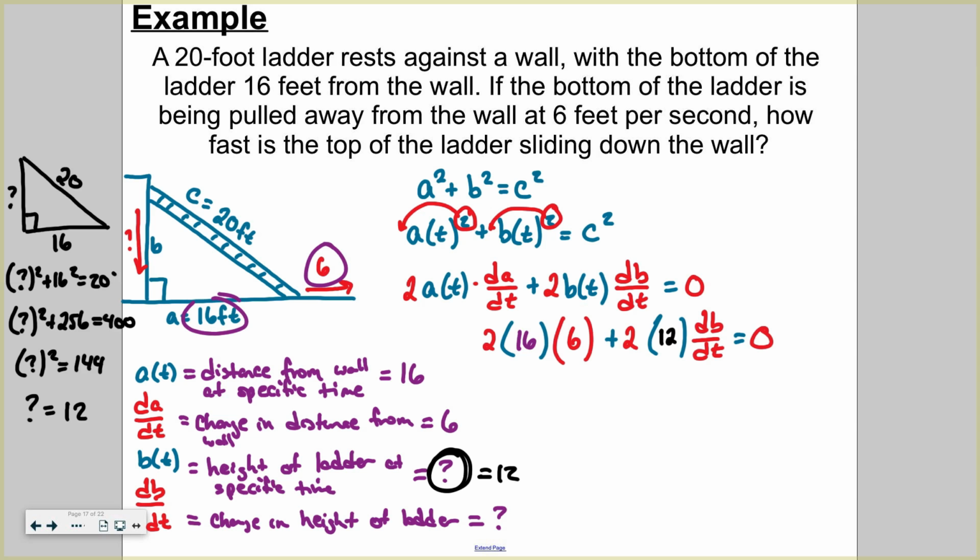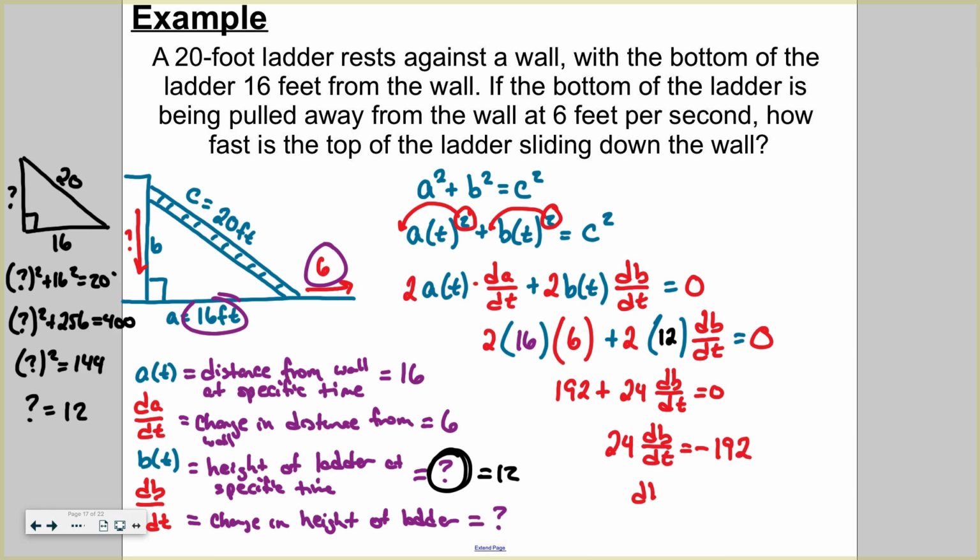Calculus is done. So 2 times 16 times 6 is going to be 192 plus 24 dB/dt equals 0. I can subtract 192 from both sides, which will give us 24 dB/dt equals negative 192.